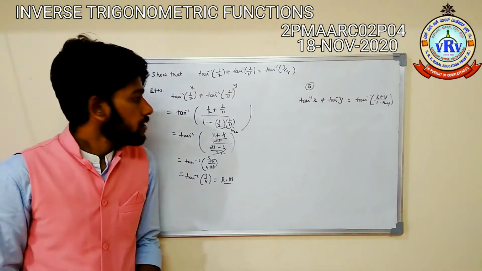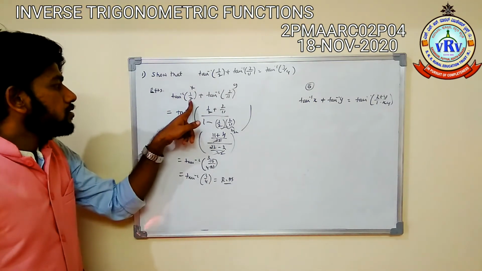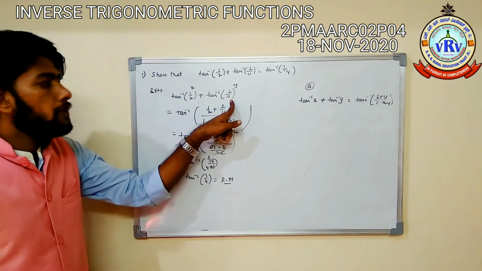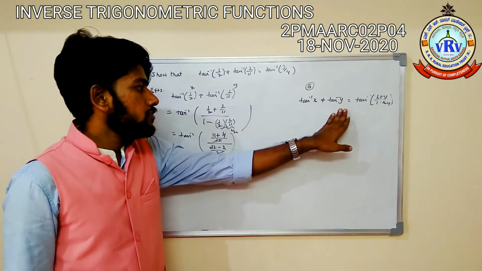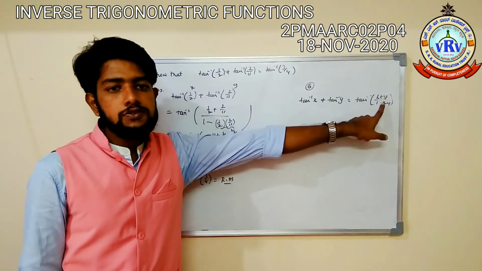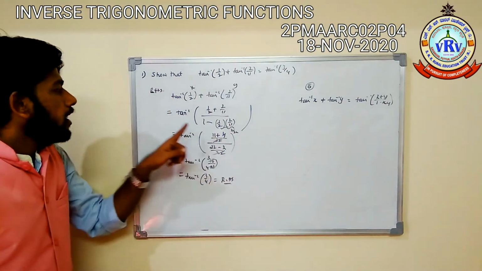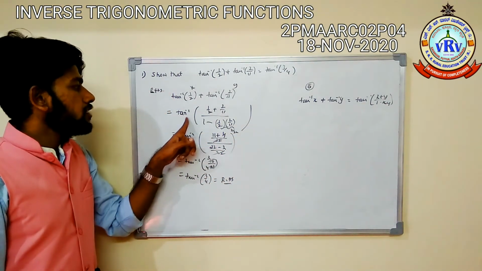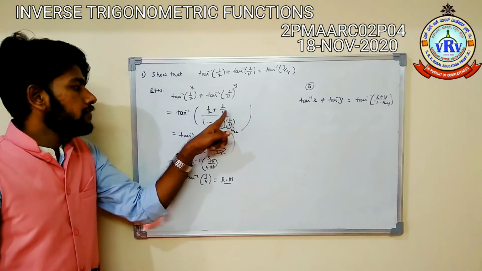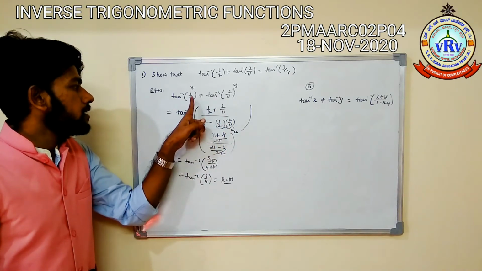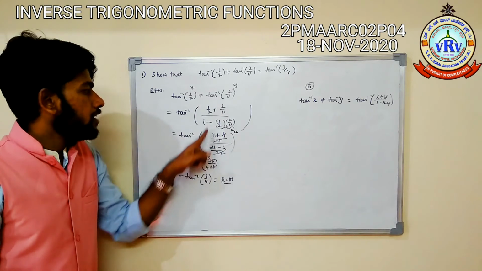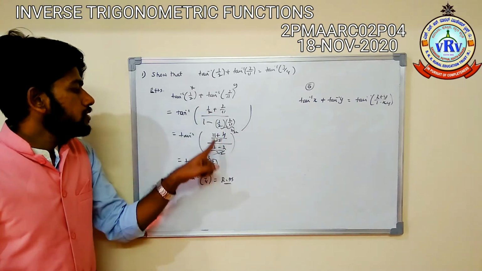Okay, clear? I will explain again. Here x is equal to 1 by 2, y is equal to 2 by 11. Tan inverse of x plus tan inverse of y is equal to tan inverse of x plus y divided by 1 minus xy. I am applying that formula here. Tan inverse of 1 by 2 plus 2 by 11 divided by 1 minus 1 by 2 into 2 by 11. Taking the LCM, it becomes 22.